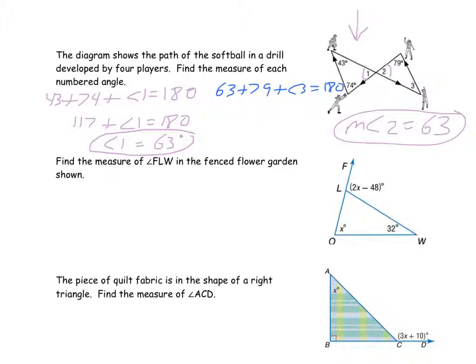Because again, the sum of the angles of a triangle equals 180. Combine like terms and we end up with 142 plus the measure of angle 3 equals 180. Subtract 142 and the measure of angle 3 is equal to 38. And there we have all our angles, 1, 2, and 3.